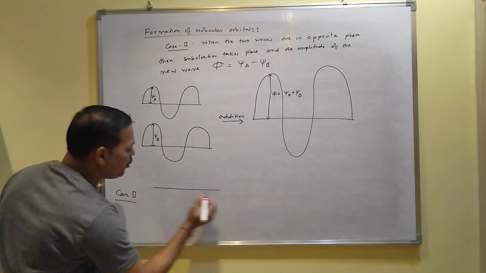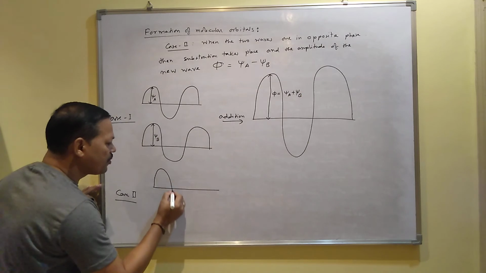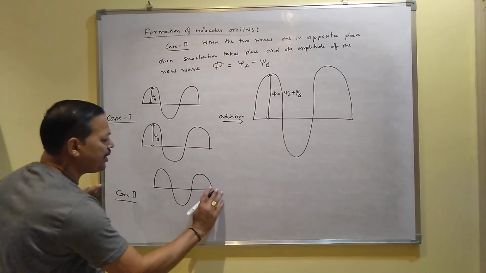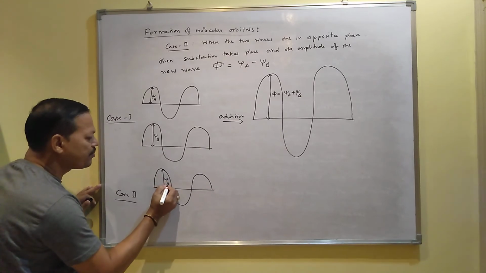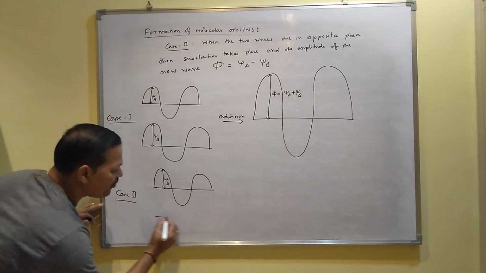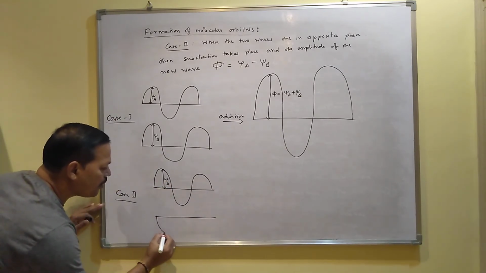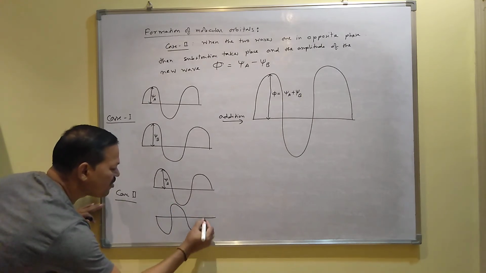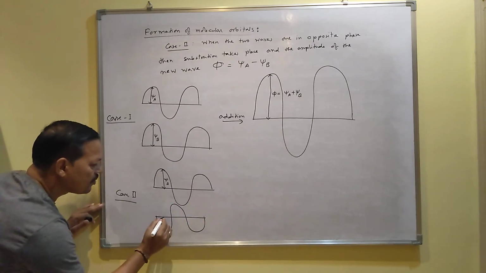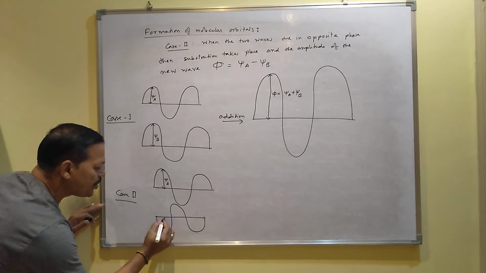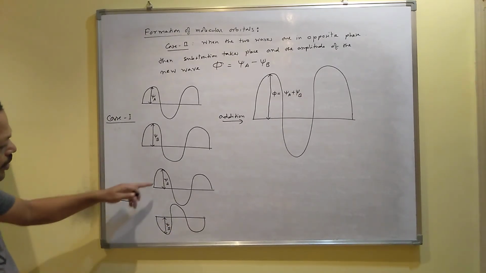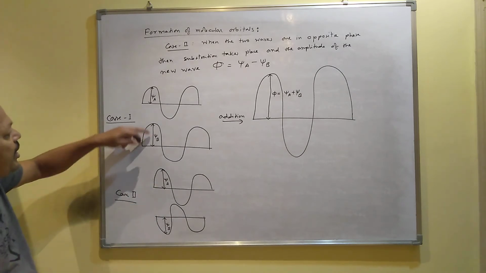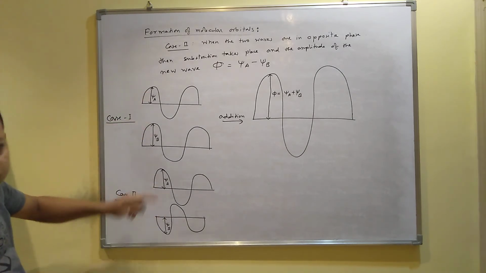Now I will show you case 2. This is the wave of A atom, amplitude represented by psi A, and this is the wave of B atom, with amplitude psi B. Here the waves are out of phase, here they are in same phase, here they are out of phase.